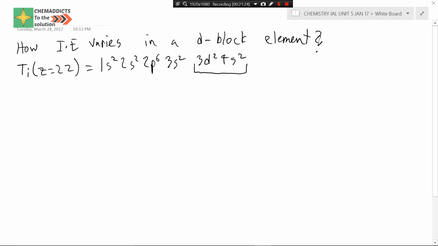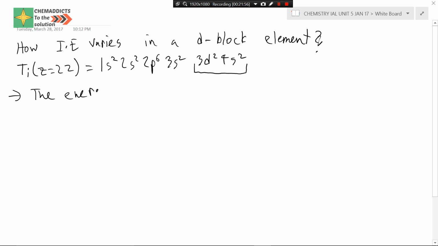So why is there a gradual increase while removing 3d and 4s electrons? Now let us discuss the points. The energy levels of the 3d and 4s electrons are very similar in d block elements.